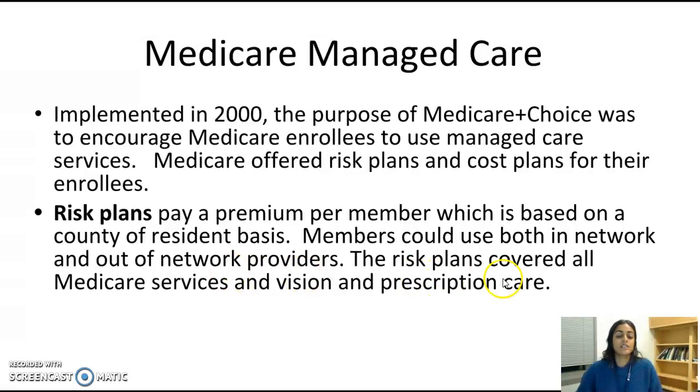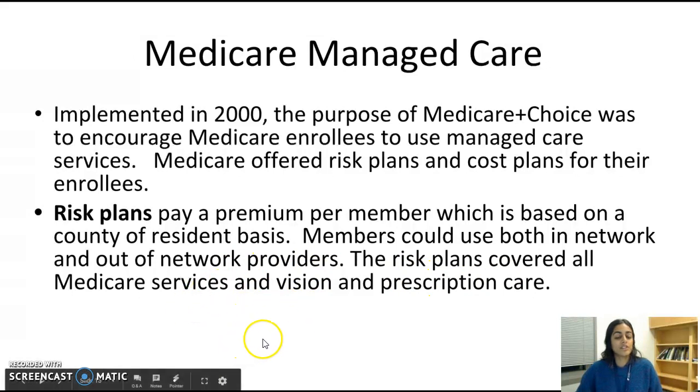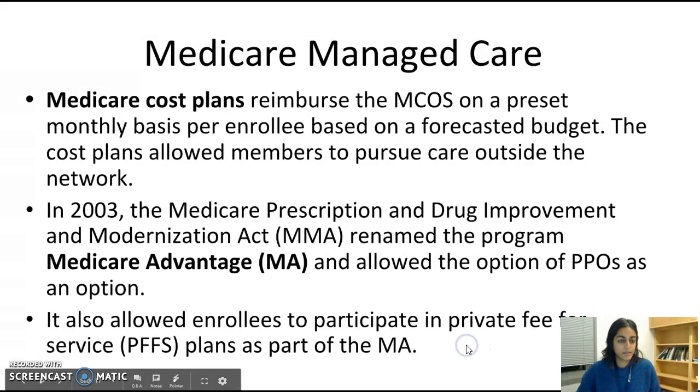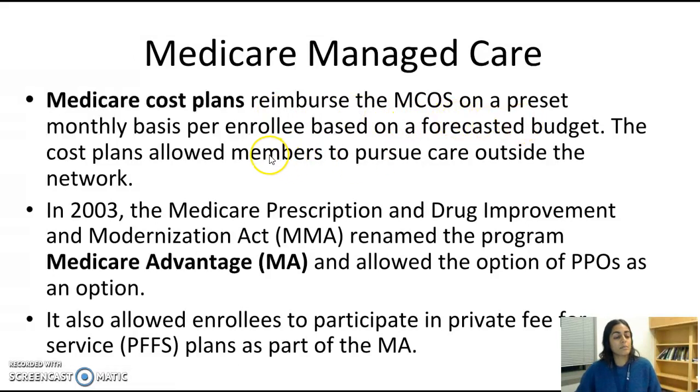The risk plans covered all Medicare services and vision and prescription care. So this is Medicare Part C. Medicare cost plans reimburse the managed care organizations on a preset monthly basis per enrollee based on a forecasted budget. The cost plans allowed members to pursue care outside the network. So again, this is another way of accessing managed care organizations through Medicare.